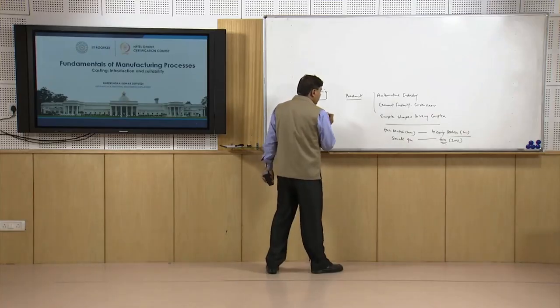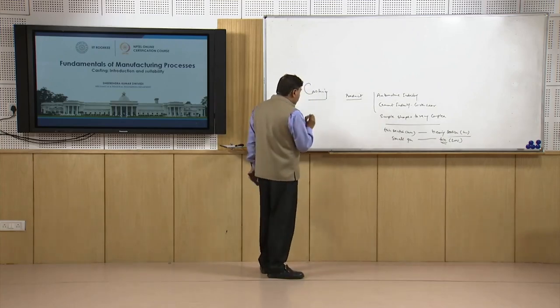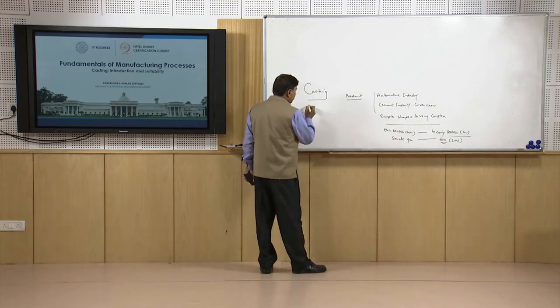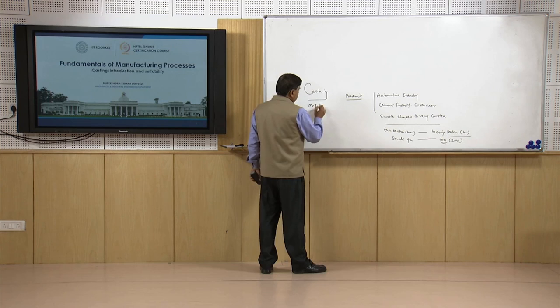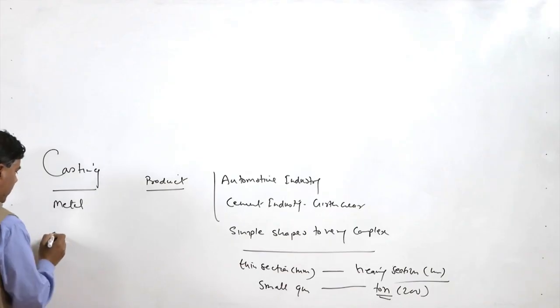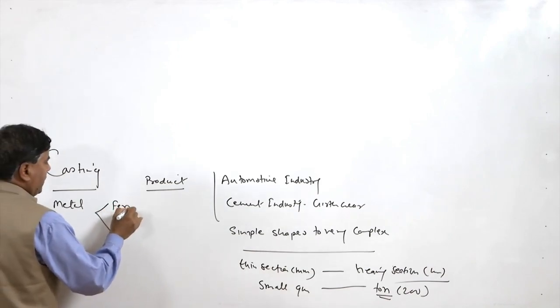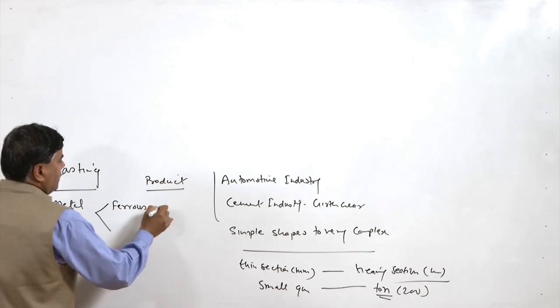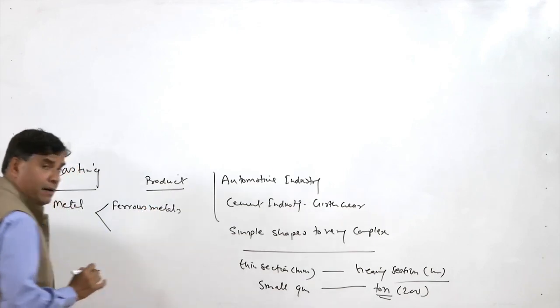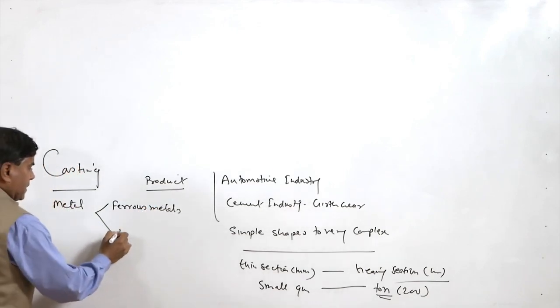These castings normally use metals of two categories. We can put them in two categories: one is ferrous metals and the other is non-ferrous metals.